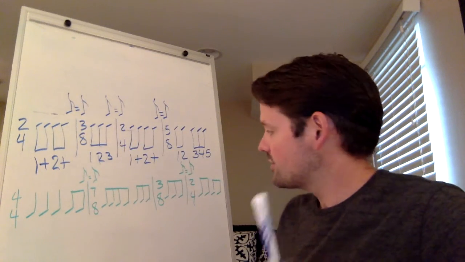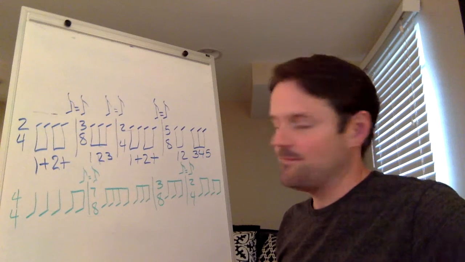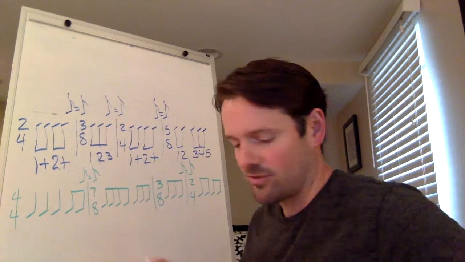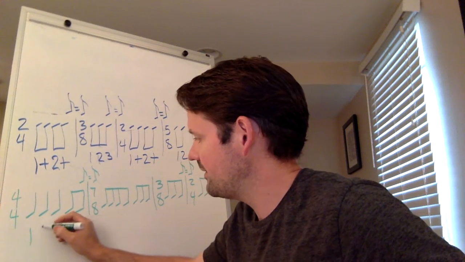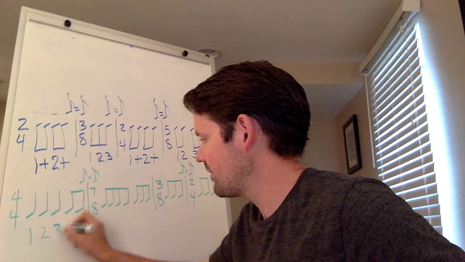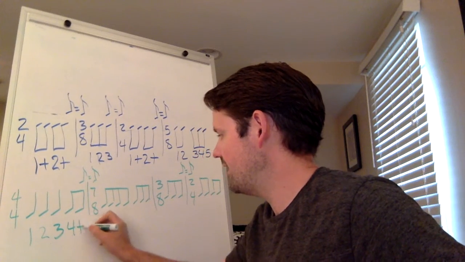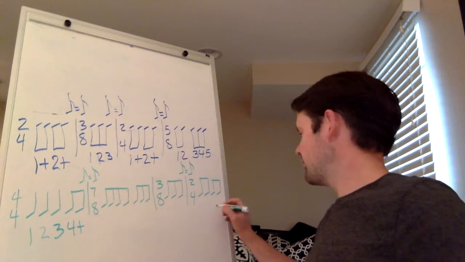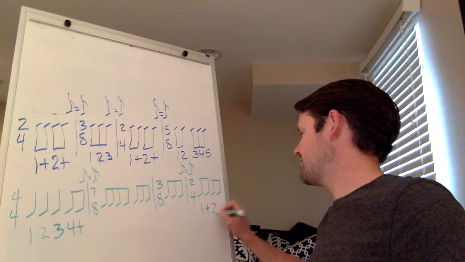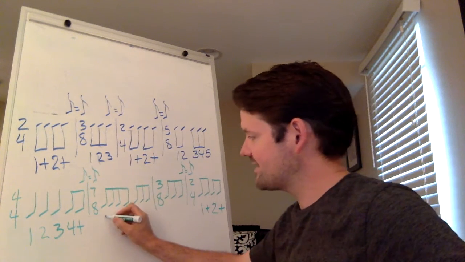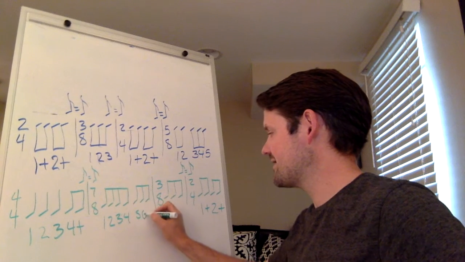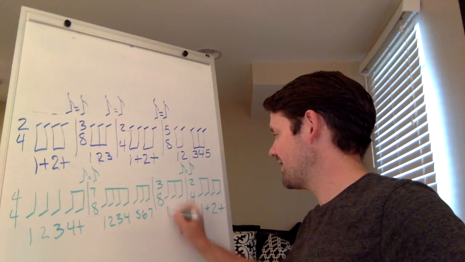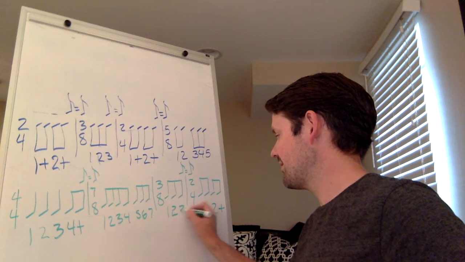So down here in green, we have a similar example in 4/4 time. 1, 2, 3, 4, and we'll go over to the 2/4. 1 and 2 and in 7/8, 1, 2, 3, 4, 5, 6, 7. 3/8 is 1, 2, 3.